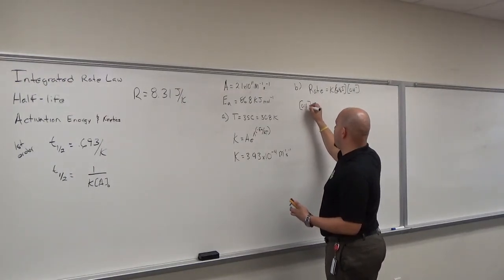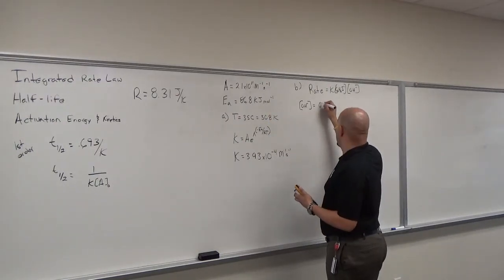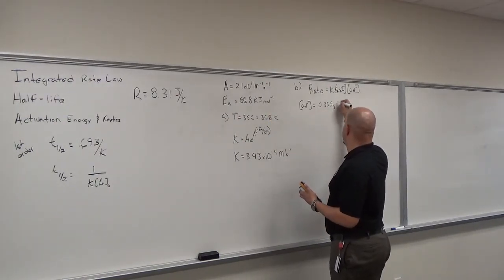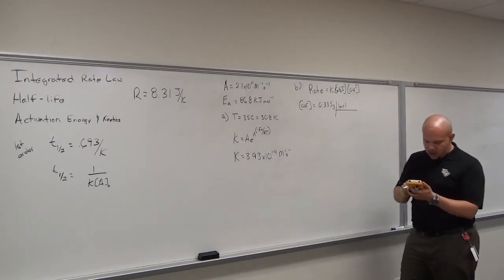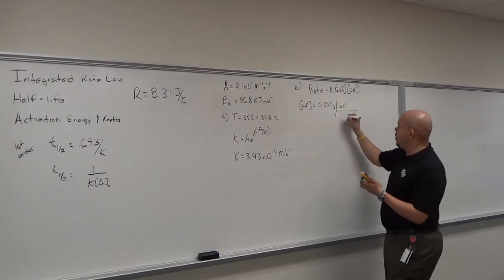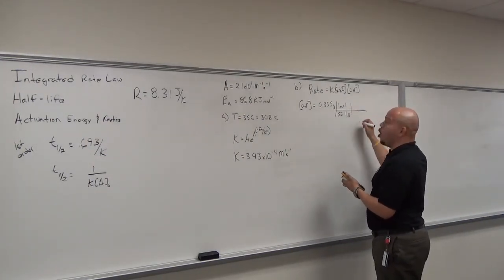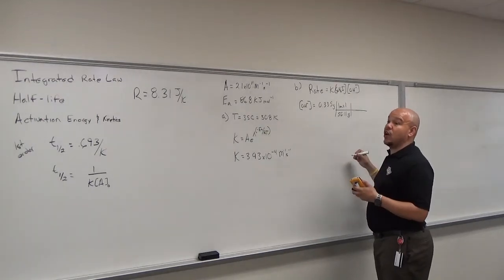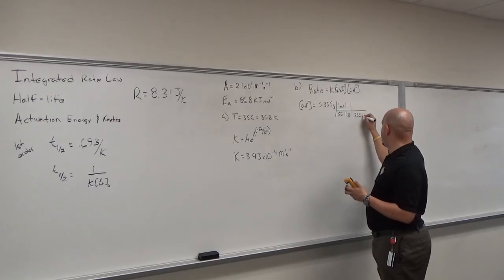Concentration of OH minus is equal to the mass of KOH, 0.335 grams, all over the molar mass of KOH, which is 16 plus 1.01 plus 39.09, 56.11, and that's all divided by liters of solvent, which is going to be 0.250 liters.